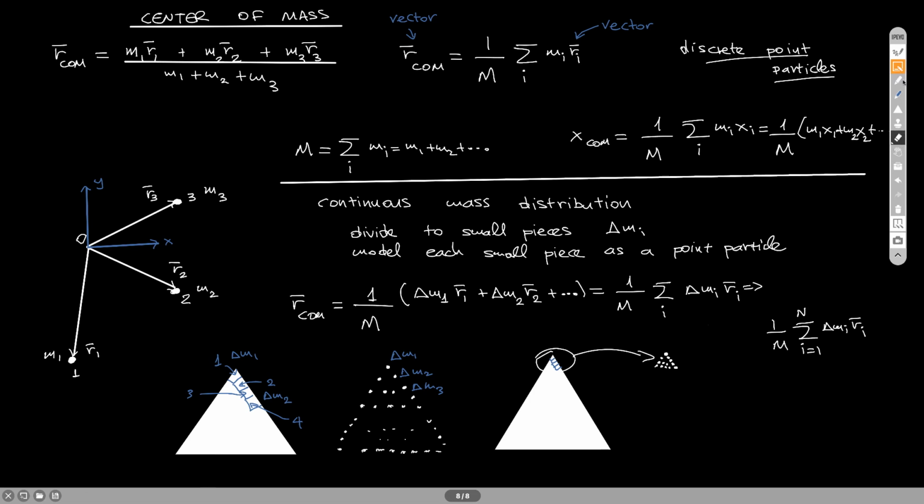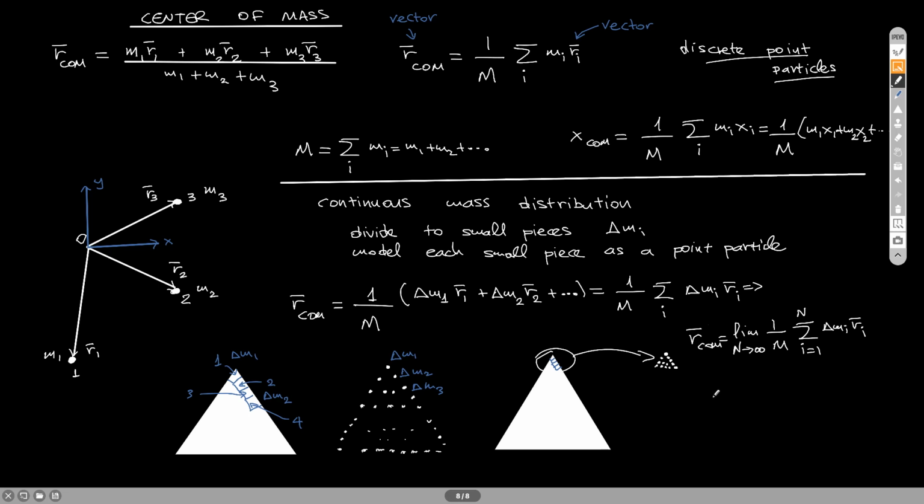I'm going to do this calculation when n becomes a very large number, and in particular I will make n go to infinity, because if n goes to infinity, I have an infinite number of pieces, which means I'm getting really, really close to the solid object, and this is how I can find the center of mass.